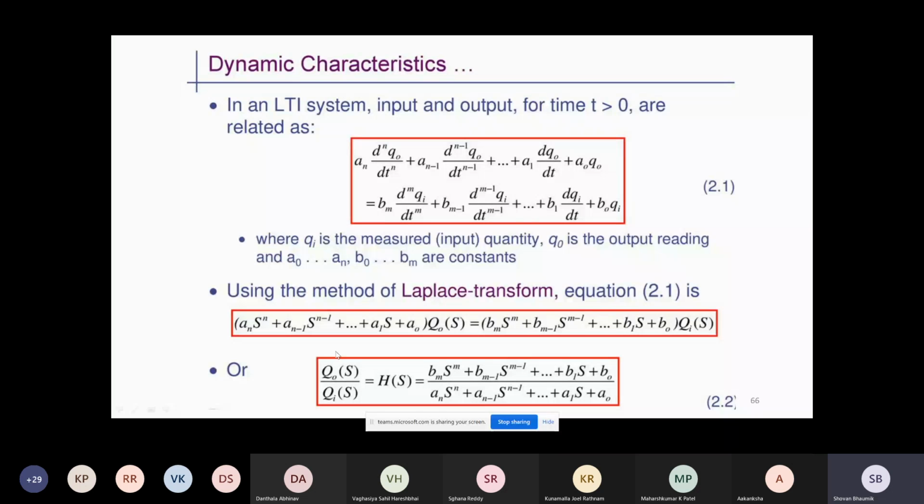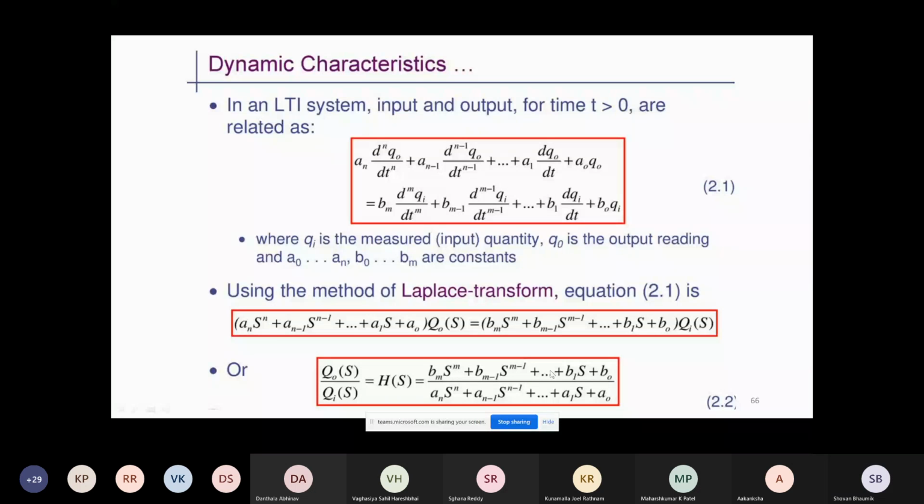And then if we do the output by input, which is H(s), I was telling why it is H(s): because it is the transfer function of a measuring device and it will be used in a feedback loop. You know that G(s) is used in the control system to represent the transfer function of a plant, and H(s) is used to represent the transfer function of a feedback system, which is actually the measuring device. So H(s) will be b_m s^m plus b_(m-1) s^(m-1) like this, over the denominator.